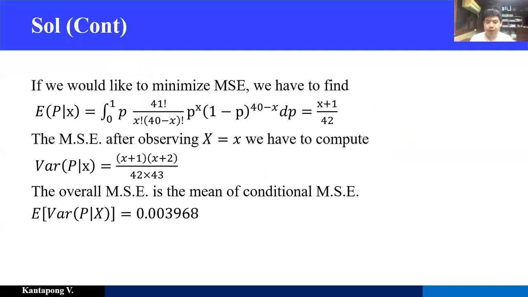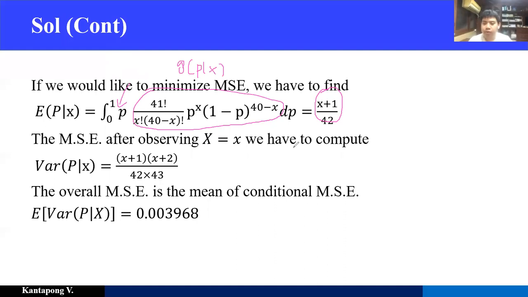If we would like to minimize MSE, the thing that we should do is take the expectation of P given X. After the integration, we have (X plus 1) over 42.